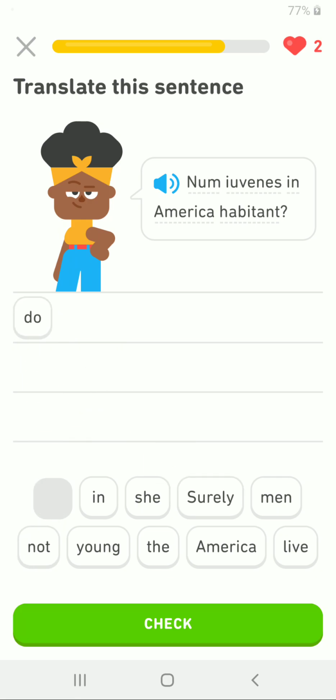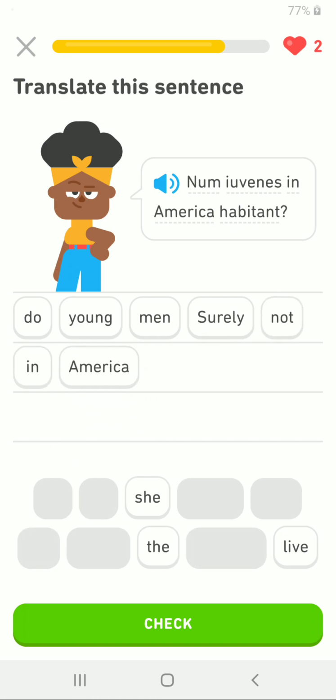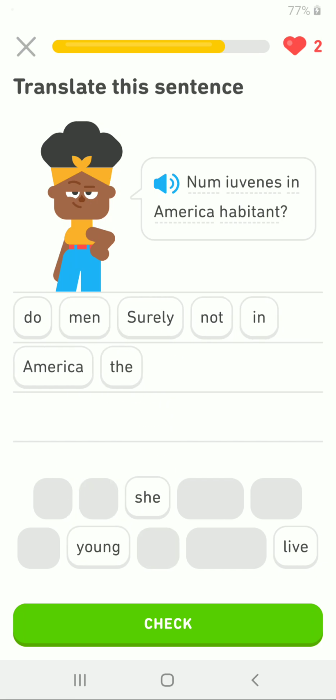Do young men surely not live in America? Yeah. Do young men surely not live in America? Do the young men? I think they will always try to.